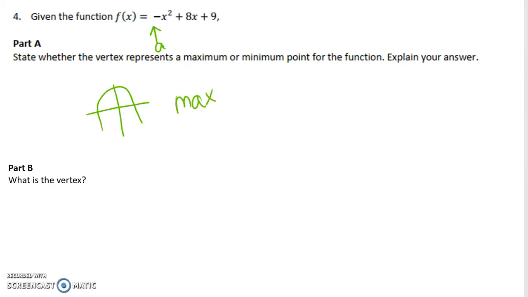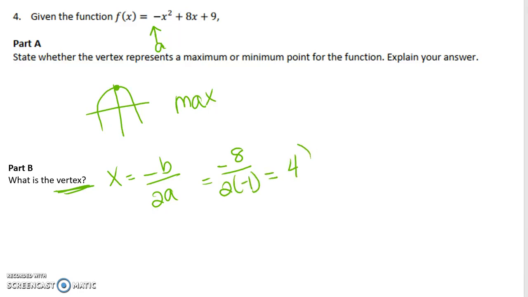To find it, we need the vertex. The x-coordinate of the vertex is negative b, our 8, divided by 2a, so x is 4.